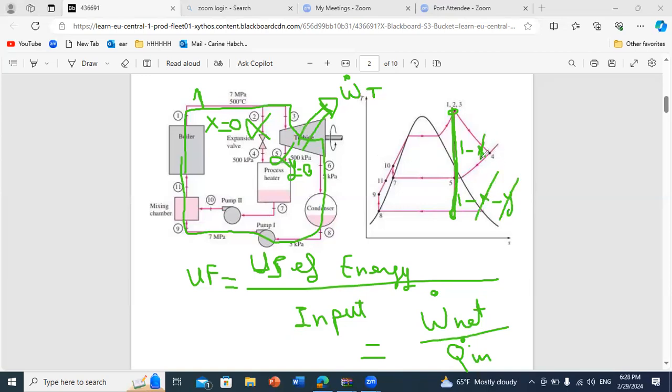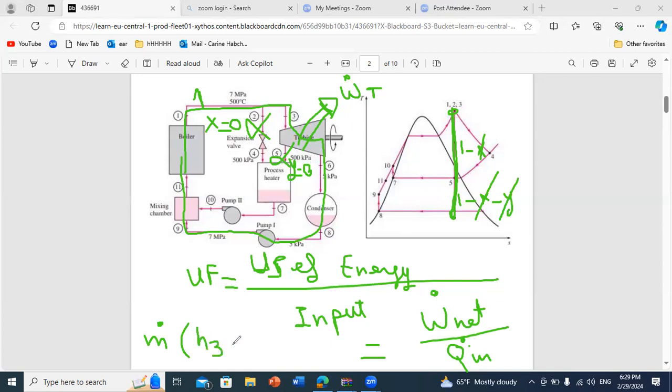And then as usual, all I have to do to get the efficiency is m dot for the turbine, I have H1 minus H6, where H1 is equivalent to H3.